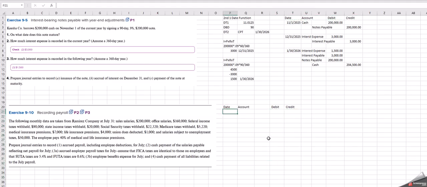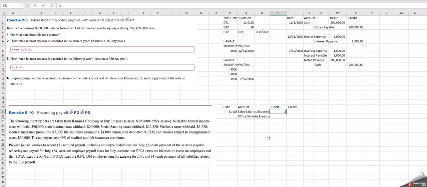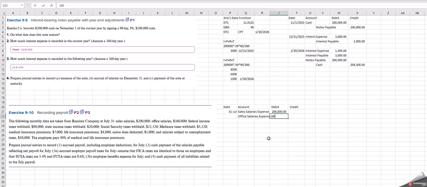Okay. So on July 31st, we have sales salaries expense. Then we have office salaries expense. And we'll debit those for the gross amount, so $200,000, $160,000.